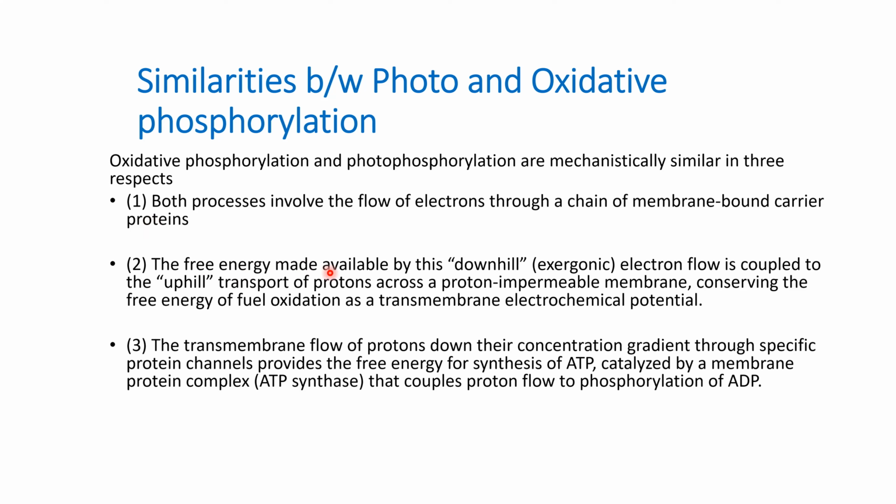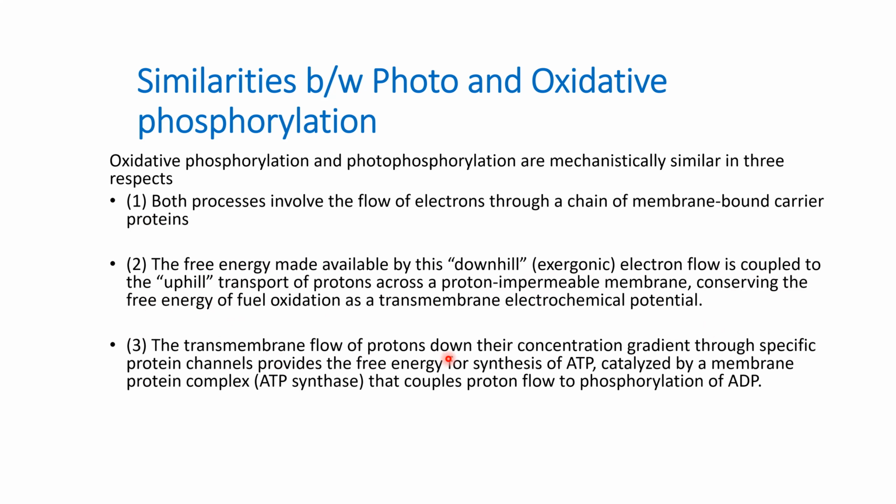The free energy made available by this downhill exergonic electron flow is coupled to the uphill transport of protons across a proton impermeable membrane, conserving the free energy of fuel oxidation as a transmembrane electrochemical potential. And this is happening in both phosphorylation types.